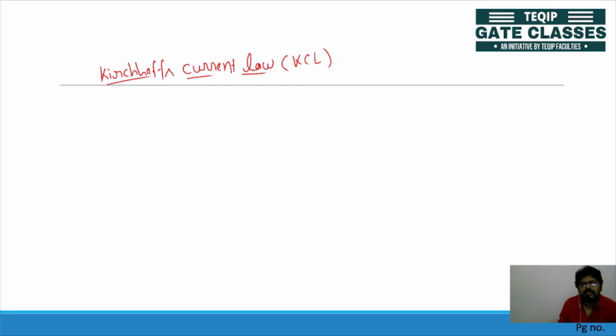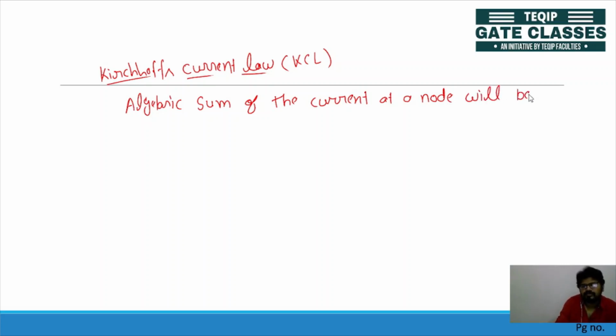It states that the algebraic sum of the currents at a node will be equal to 0.